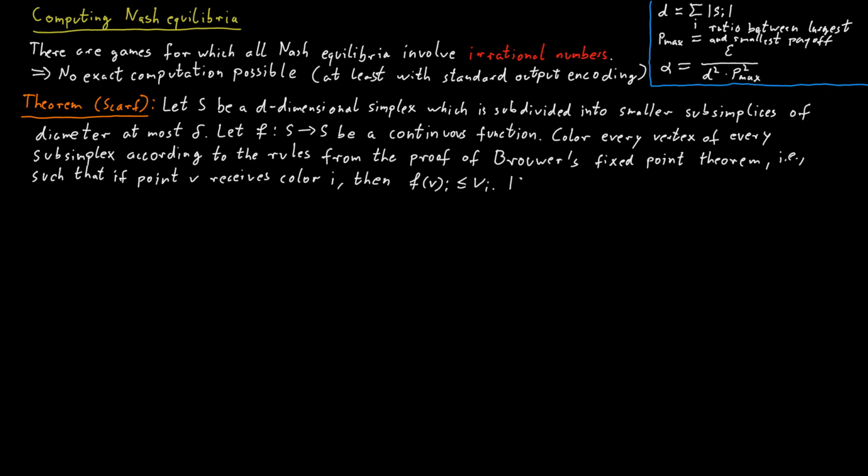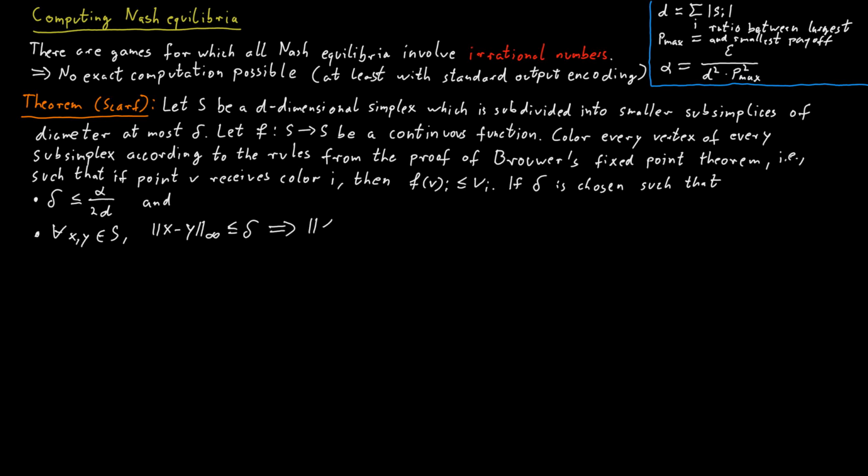Now, if delta is chosen such that it's at most alpha divided by 2d, and such that for all x and y from the domain of the function with a distance in the maximum norm of at most delta, the images f of x and f of y have a difference in the maximum norm of at most alpha divided by 2d.